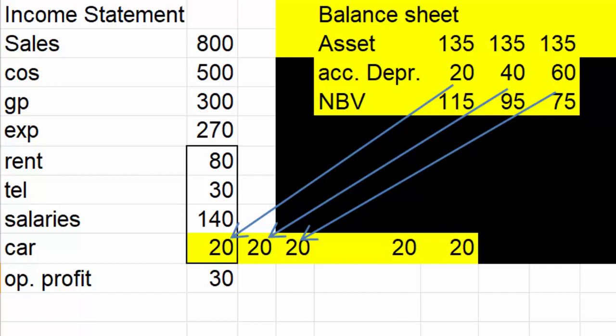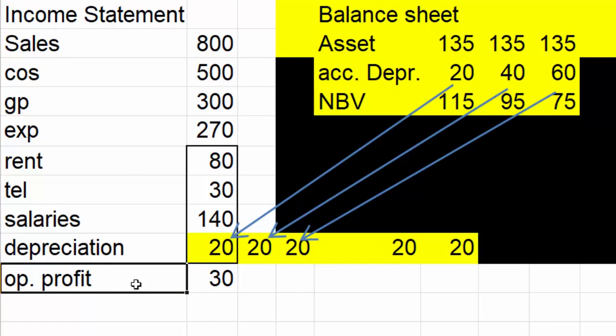And I think a better name for this, instead of calling it depreciation, is allocation. And in fact, the next time you hear the term depreciation, in your mind, swap that word to allocation. All depreciation is the allocation of the cost over its useful life. And in this particular case, we've got this.